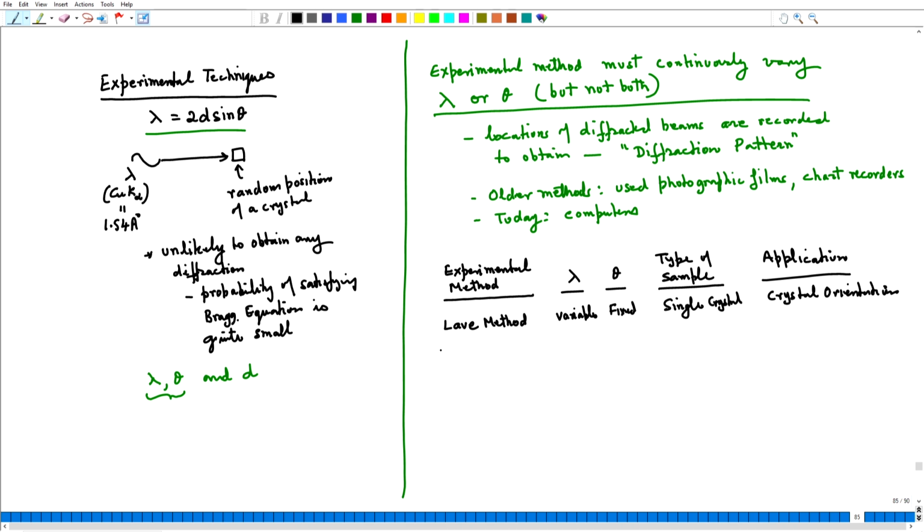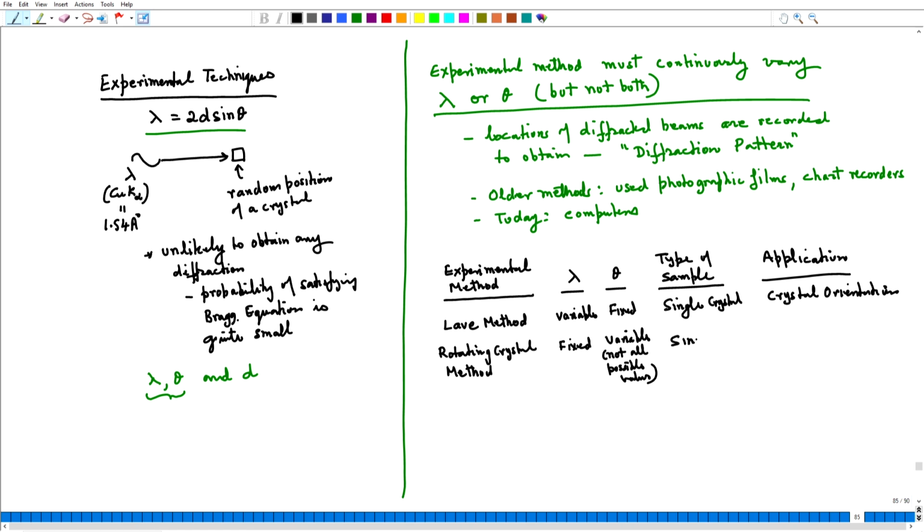Then there is a rotating crystal method. Here lambda is fixed, theta is variable, but theta is variable in a very limited sense, in the sense that not all possible values.